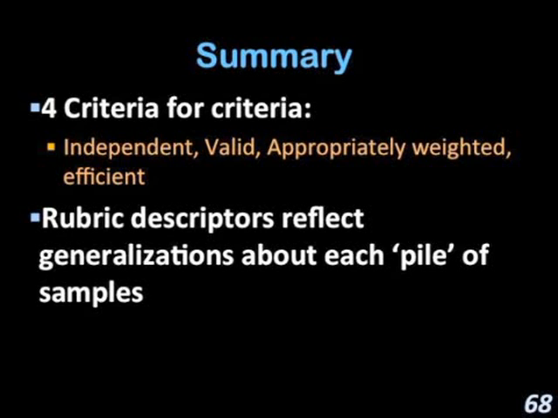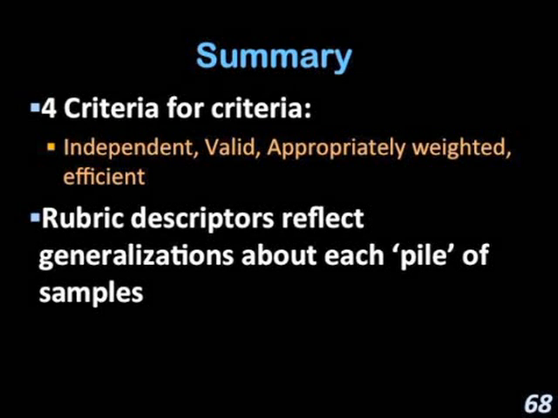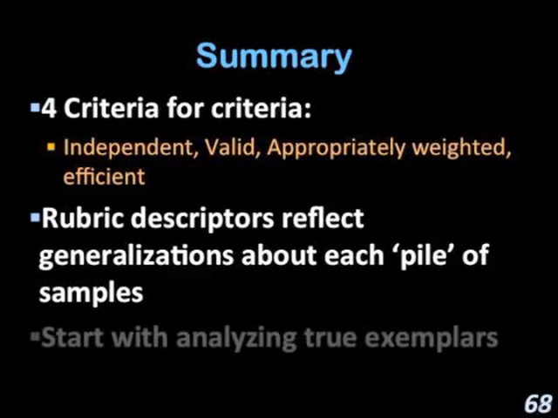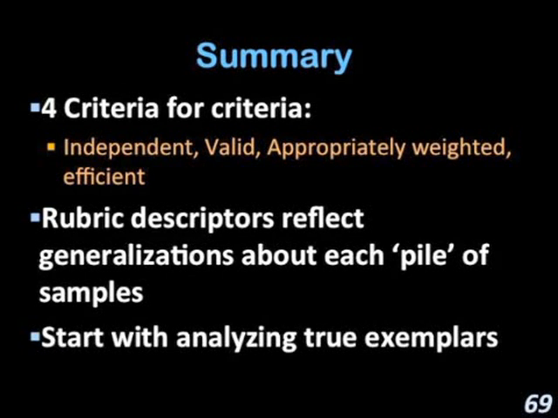We also talked about deriving rubrics from samples and building piles of work, sorting them into piles of quality, making generalizations about each pile, and using that as the basis for the descriptor of the rubric. And we talked about starting with true exemplars of what it is we're seeking to assess.